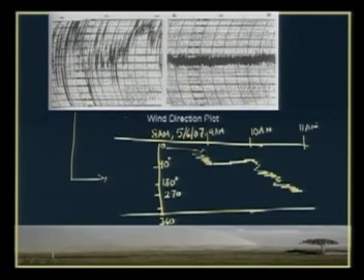So in the morning at 9 o'clock the wind direction was about 90 degrees. At 10 o'clock the wind direction was still 90 degrees, but between 10 and 11 the wind direction was something like 270 degrees.